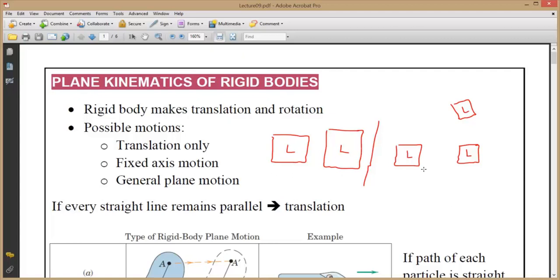So this is the concept of rigid body, and this is actually the motion of rigid bodies. We can do a translation, we can do a rotation, changing the orientation. So we can say that this is an orientation change of theta from the ground. And also you can do a translation and fixed axis rotation.